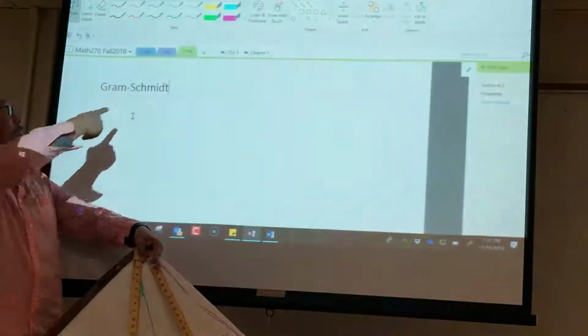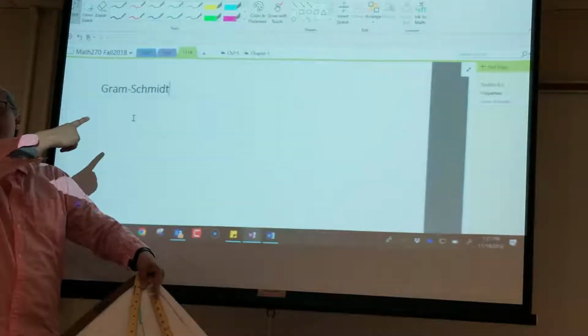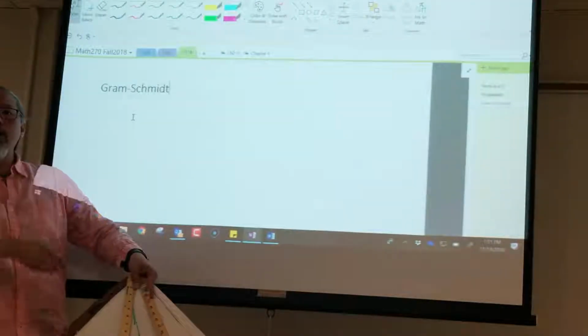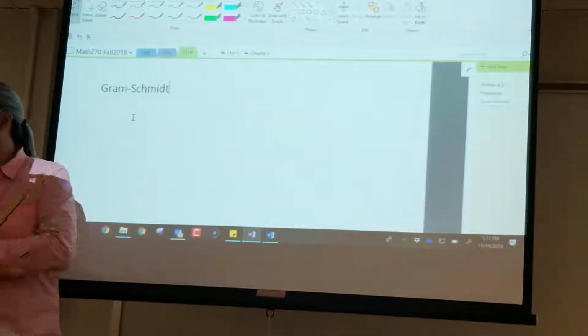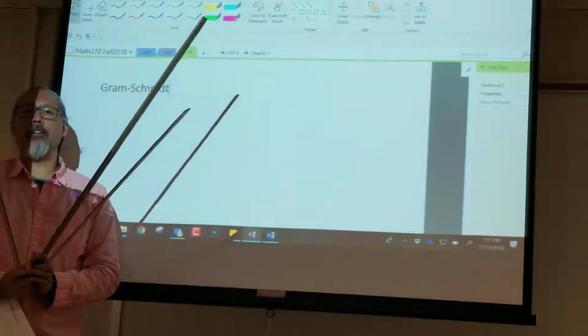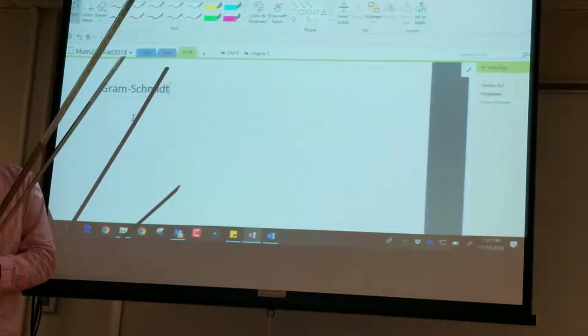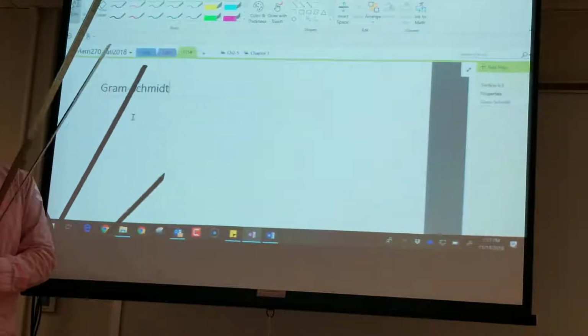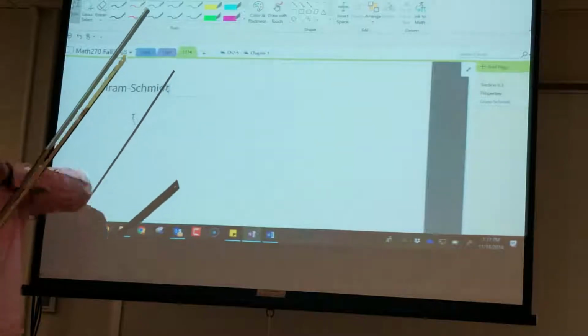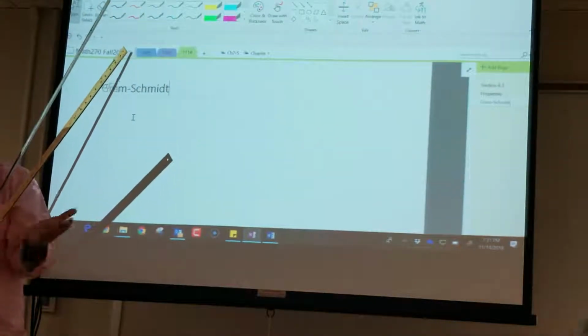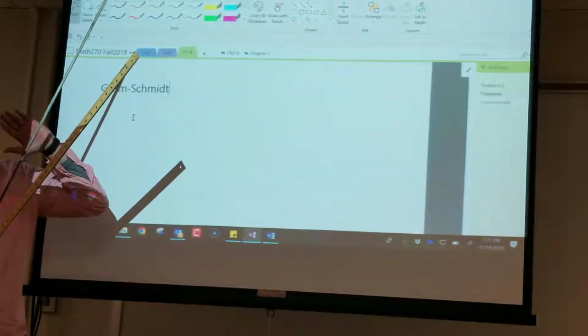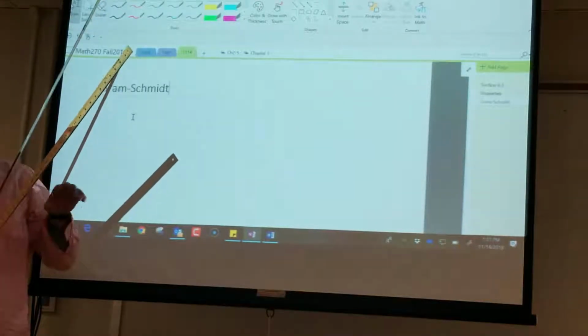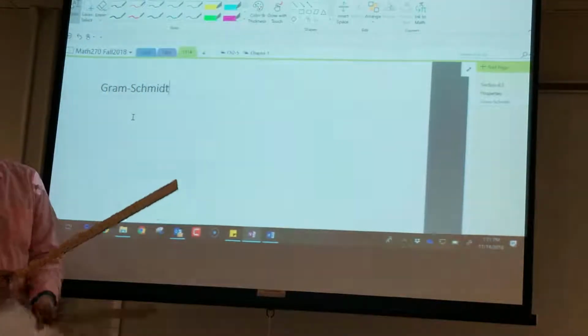Well, because of this. What we're going to do is, if we have 3 random vectors, any 3 random vectors, what we're interested in is to orthogonalize the 3 vectors that span the same space. That means we needed perpendicular vectors on the plane.